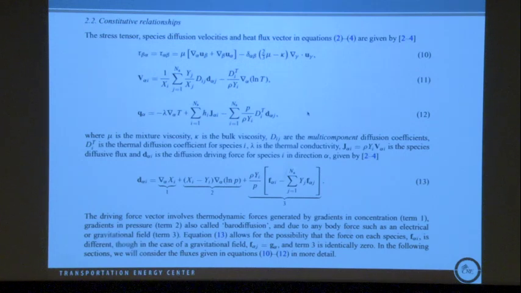The driving force involves thermodynamic forces that are generated by gradients in concentration, term 1 in equation 13, by gradients in pressure from the second term in equation 13, which is also referred to as the Barrow diffusion, and then due to any body forces such as a gravitational field or electrical field, which would be term 3. We typically neglect the body force term in this equation.